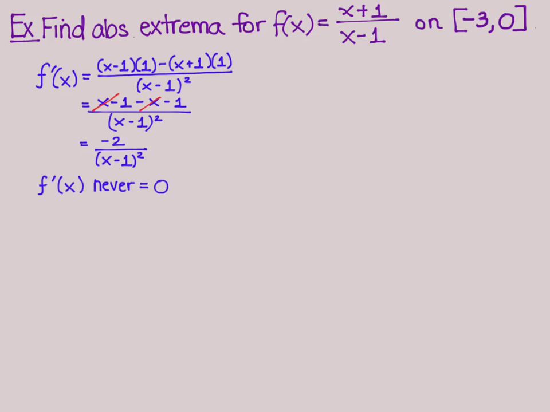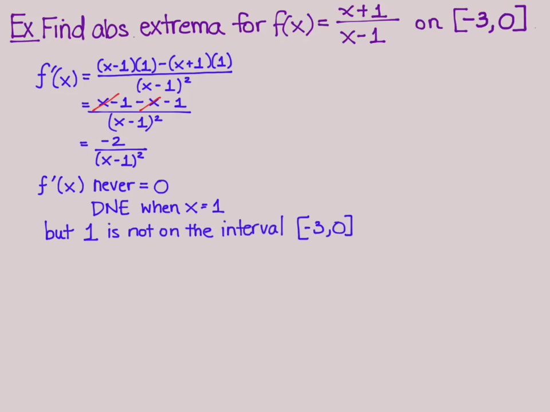We now figure out when this derivative is equal to 0. Notice that this never happens because the numerator will never be equal to 0. The only time a fraction can equal 0 is if the numerator is equal to 0. This fraction does, however, not exist when x equals 1. So we have one critical value when x equals 1.